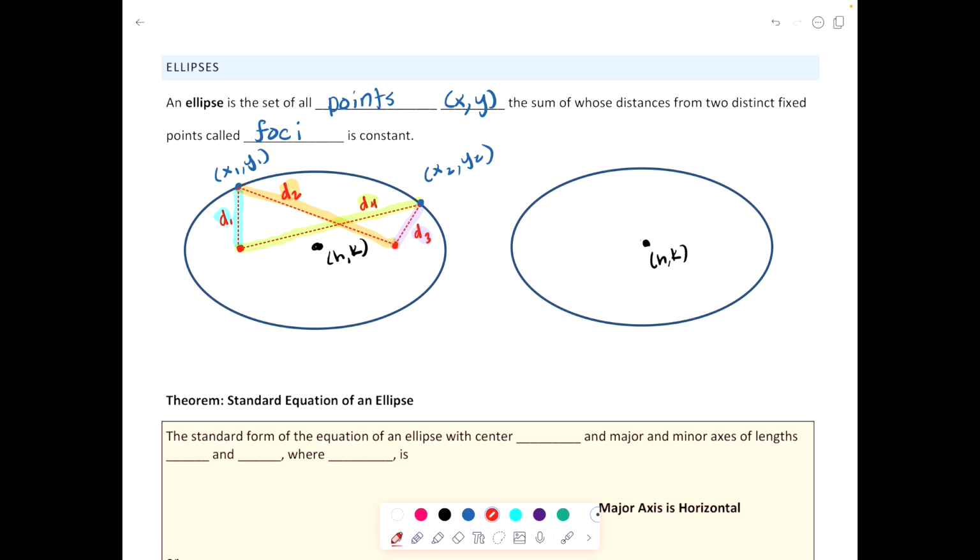For ellipses, we have a minor axis and a major axis.